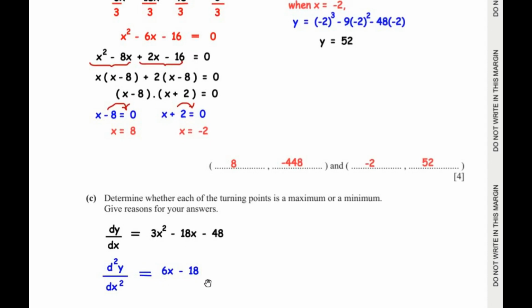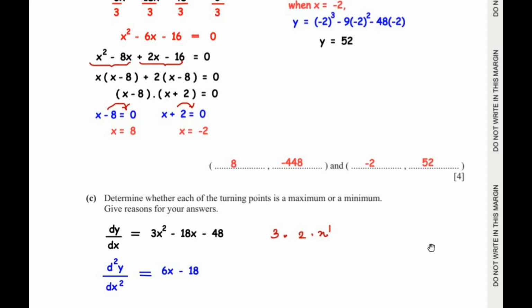So here, again using the power rule, I am going to differentiate 3x squared: 3 stays as it is, the power 2 comes down so it multiplies with 3, and the power of x reduces by 1, so we get 2 minus 1, that is x to the power of 1. So the differentiation of 3x squared becomes 6x. Now the differentiation of minus 18x is going to be minus 18, and the differentiation of a constant term is 0, so we have not written anything for negative 48. So the double differentiation equation is 6x minus 18.